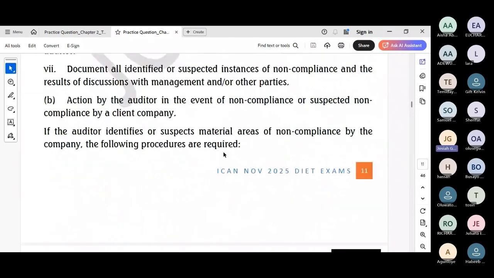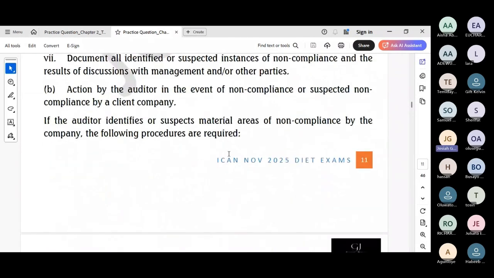Okay, action by the auditor in the event of non-compliance or suspected non-compliance by client. Okay, so you see the solution lists crucial procedural actions covering understanding the act of non-compliance, then evaluating the impact of non-compliance, and also communication to those charged with governance and reporting considerations for this.